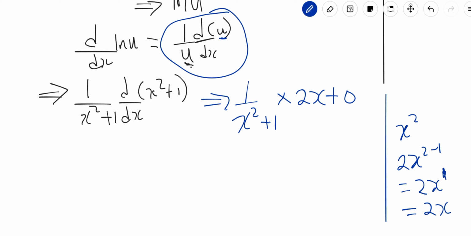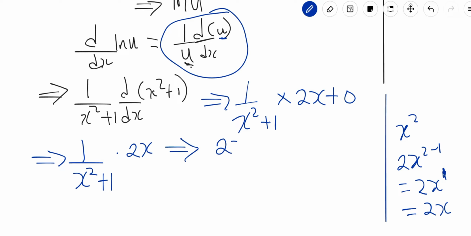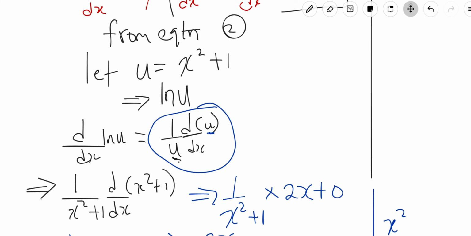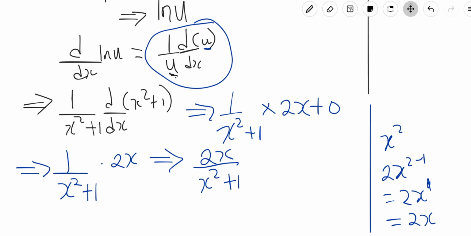Then if I differentiate a constant, which is 1, it is equal to 0. So this brings me back to 1 over x squared plus 1 multiplied by 2x, which is the same thing as 2x over x squared plus 1. You can call this equation 3.